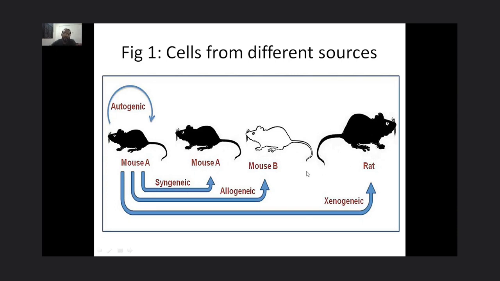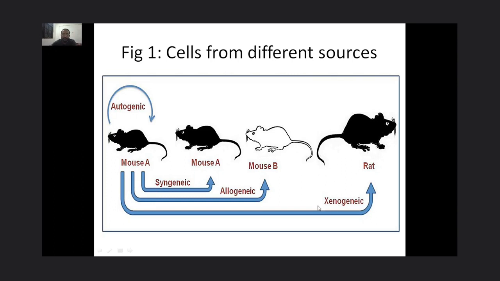That's why with xenogenic, where the species are different, the immune system will be active. It will start producing inflammation or infection, or damage to the particular cells which have been incorporated.